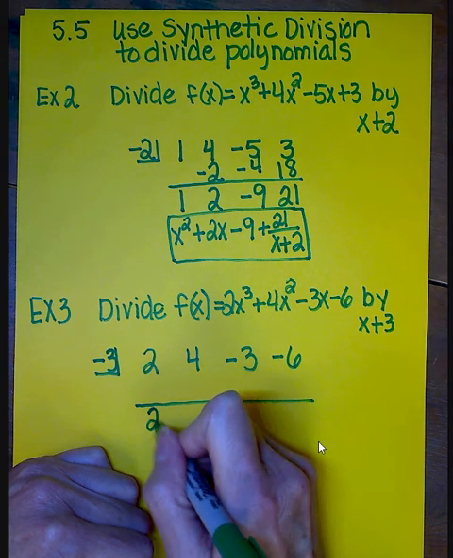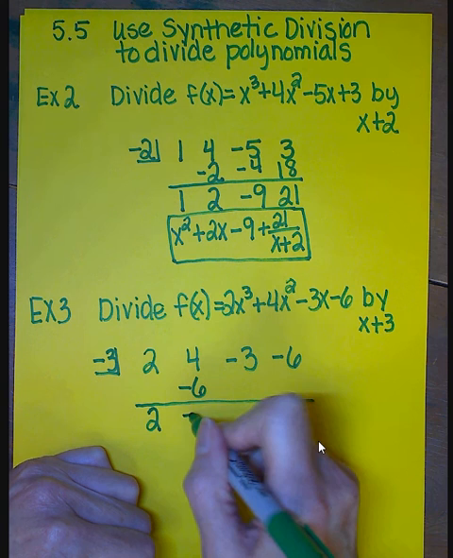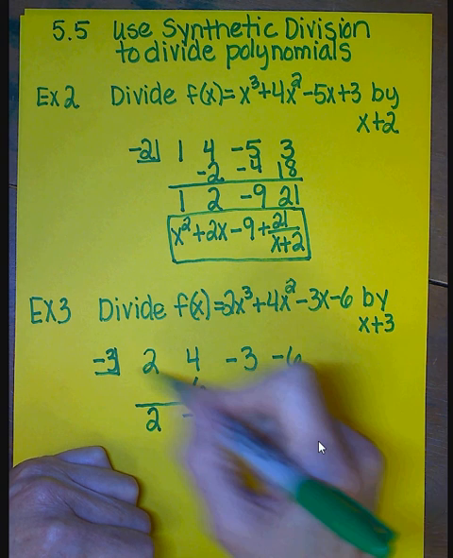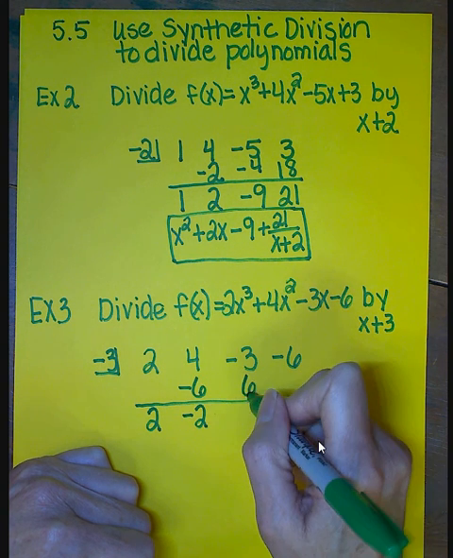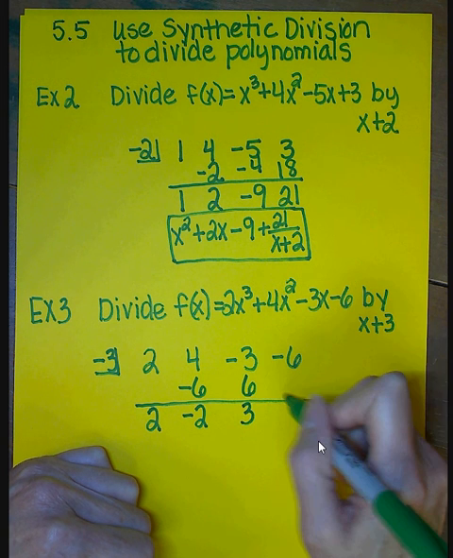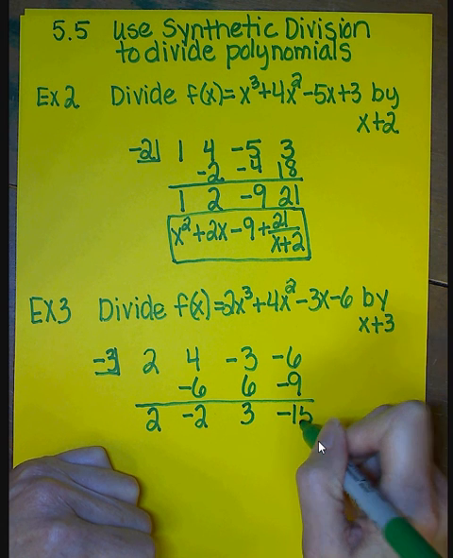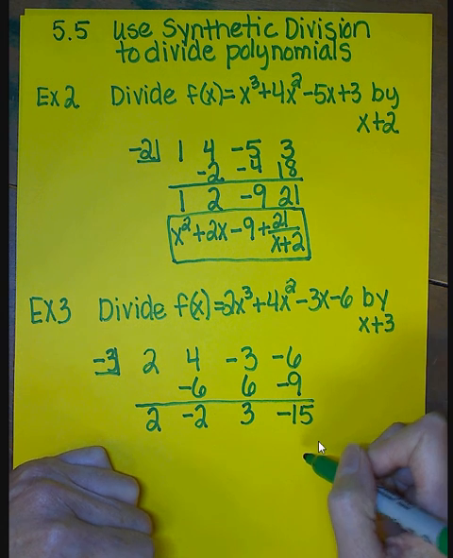Bring down the 2, then we're going to multiply, then we're going to add. Negative 3 times negative 2 is positive 6. Add, I get positive 3. Multiply, add, and again, this number right here is my remainder.